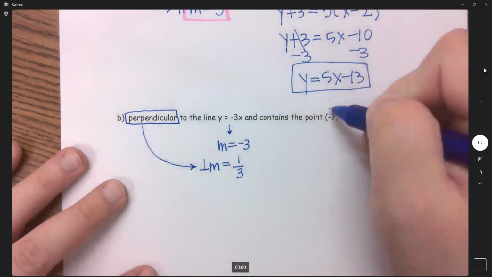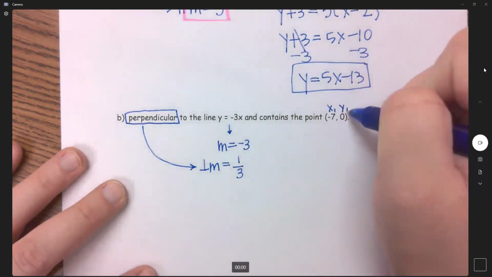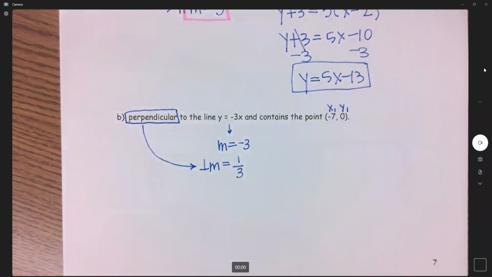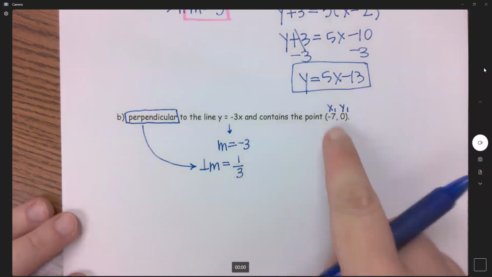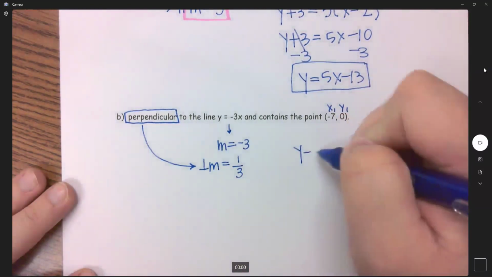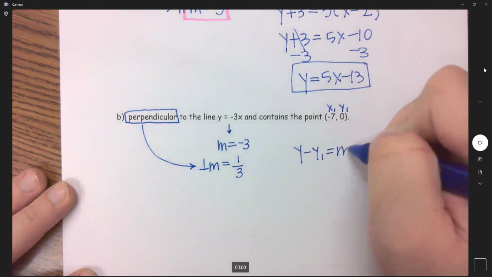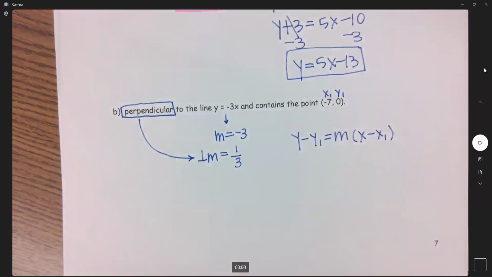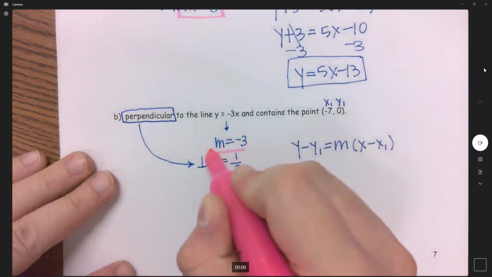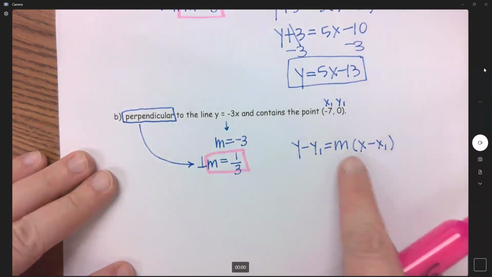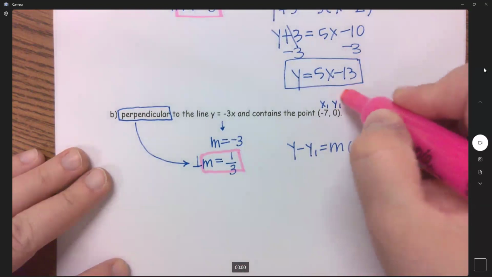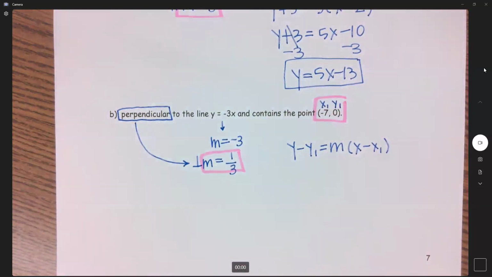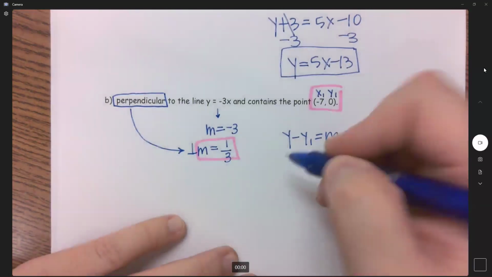I have my point. Here's my x1, y1. I have a slope and I have a point. I am using my point slope again. So we are substituting in our perpendicular slope for our m and plugging in our point into our x1, y1.